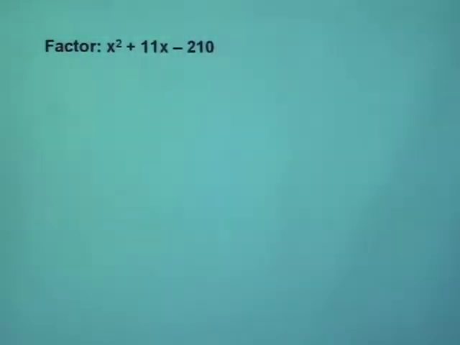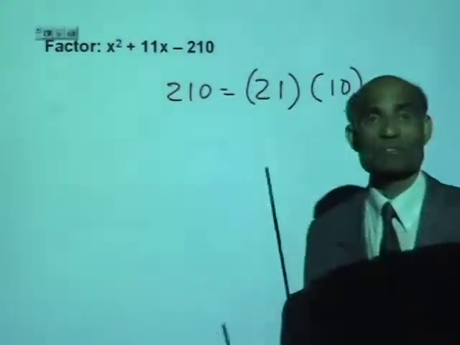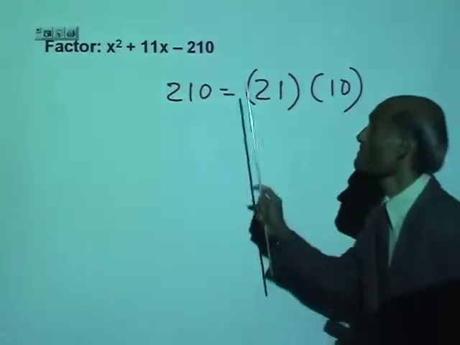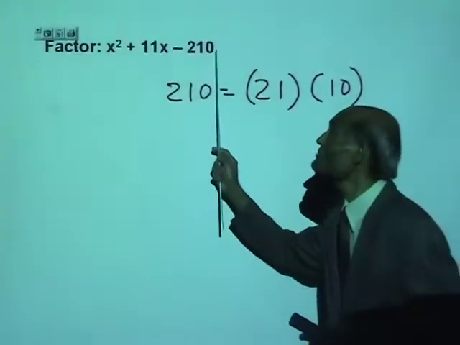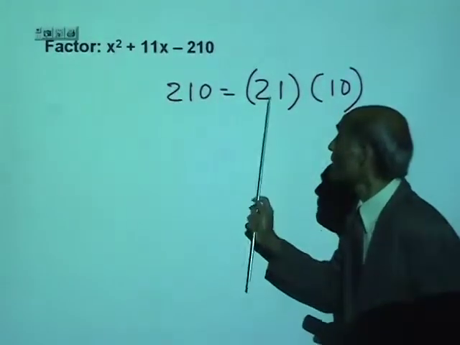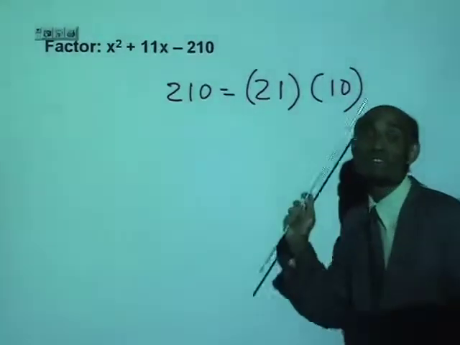Let me write that down and I want you to think about it. So I'm going to say 210 is 21 times 10. 21 is one factor, 10 is the other factor. But we now look for the sign. We know that this is negative 210. That means one of these must be positive and the other negative.